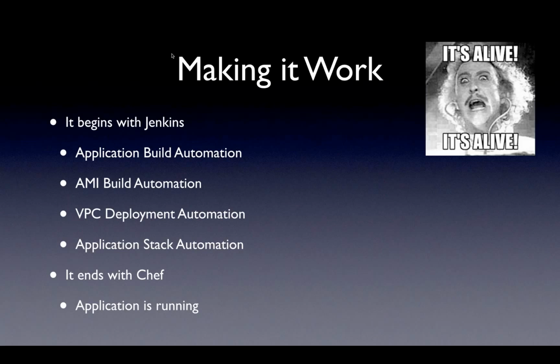And it takes us all the way to an application running, including Chef setting up our health checks and all of our automated testing that goes through at the end of a deployment, which all just works.